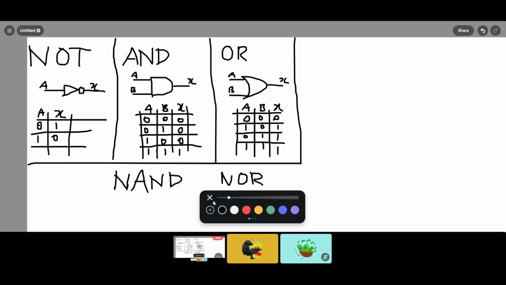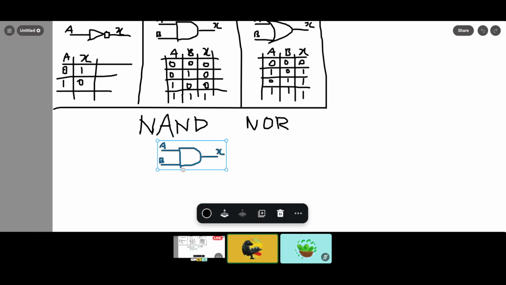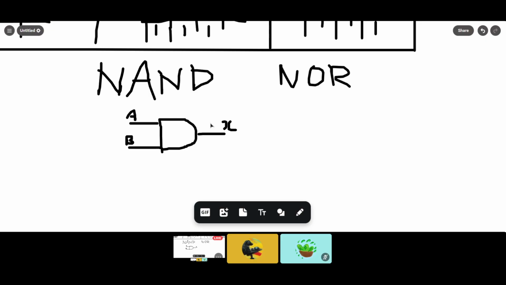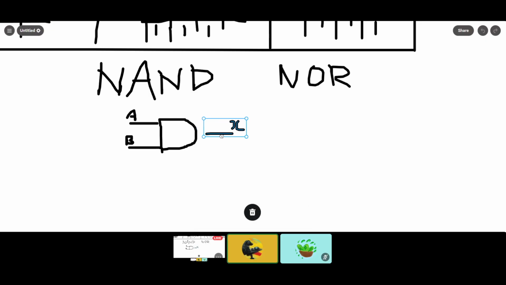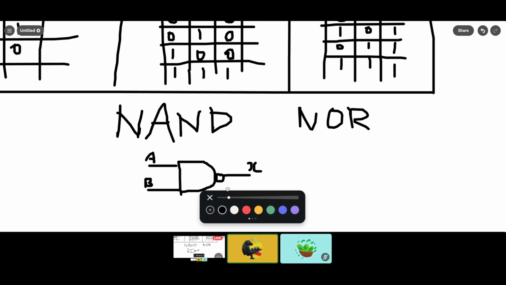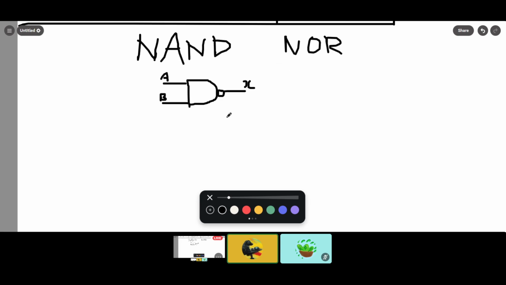Let's go through the NAND gate first. The symbol is very, very similar to the AND gate, but after this part here, there's a ball. That's for NAND.